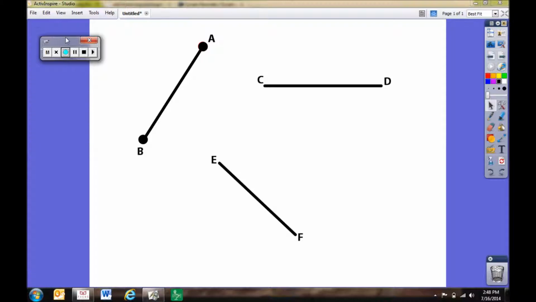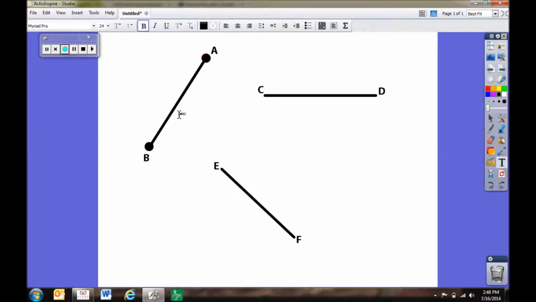Okay, welcome students again for part 2 here. Now we have three line segments in front of us, and we're going to label out what these should be. Let's look at this first one that I'm pointing towards. Right here we have line segment AB.